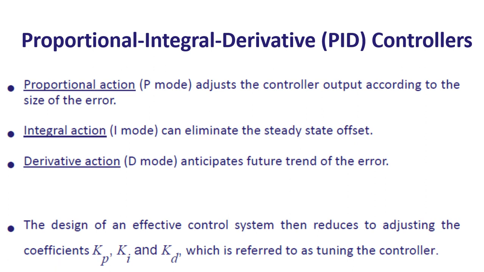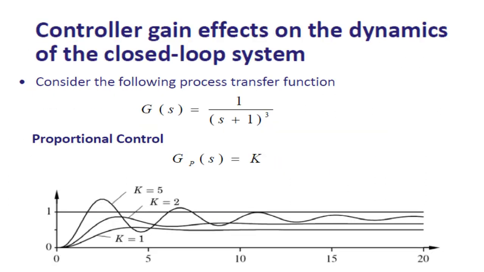PID tuning means that you have to find the values of these constants. There are three constants. One is the proportional constant, then the integral constant, then the derivative constant. If you want to find or adjust these values, this process is known as PID tuning. Okay. So adjusting and finding out the exact values is known as the tuning of the controller.